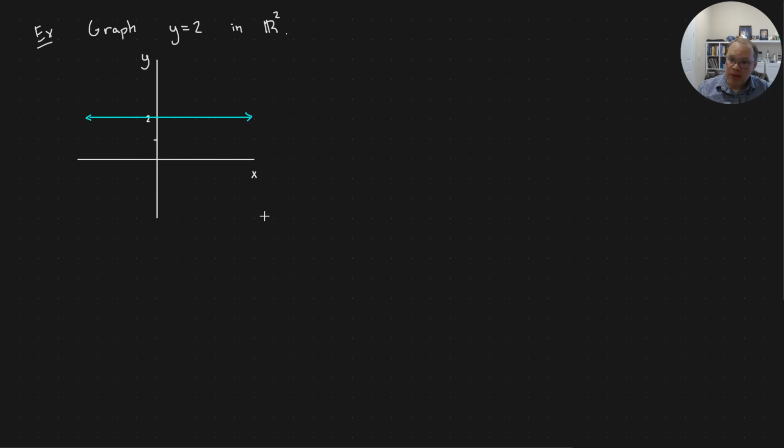X changes, but the y is always 2, and that's what the equation is saying. So this line is the graphical representation of y equals 2. Okay? Now let's see what that would look like in 3 dimensions.